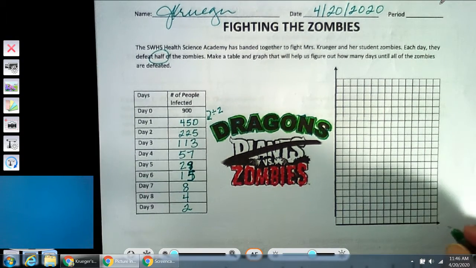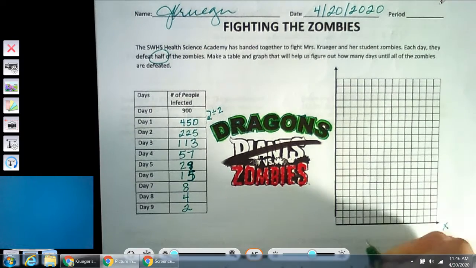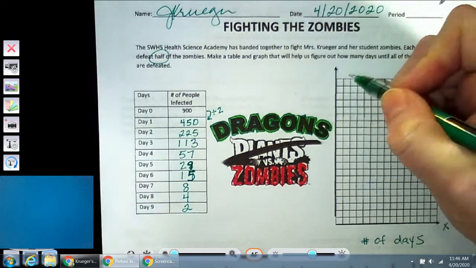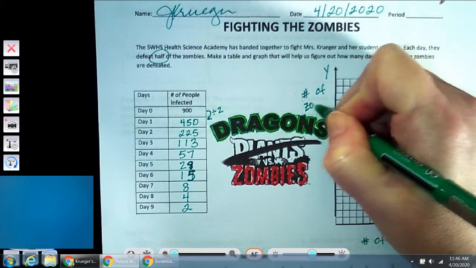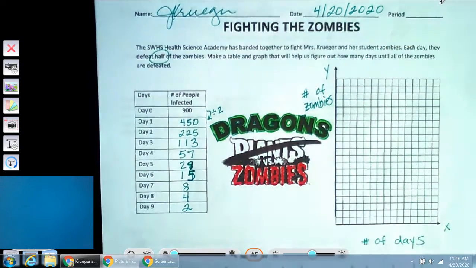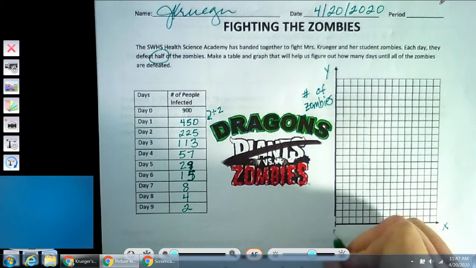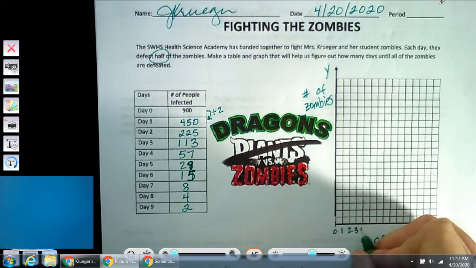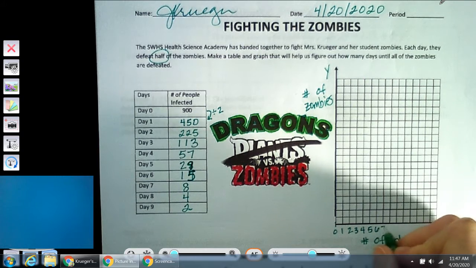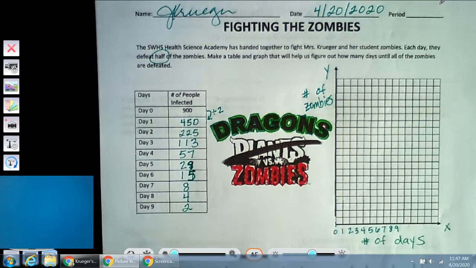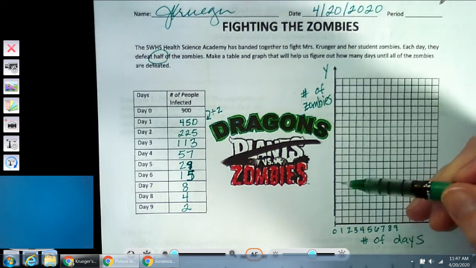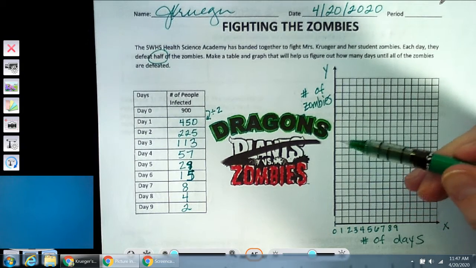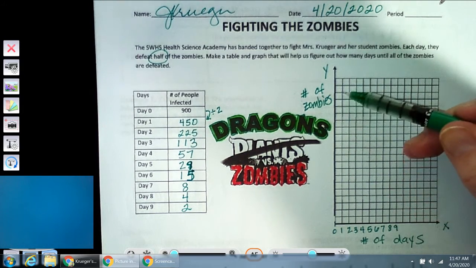So again, here's my coordinate plane. My x-axis is going to represent the number of days. My y-axis is going to represent the number of zombies. So I'm still going to go by ones here, 0, 1, 2, and so on. To show all of my data, I need to get up to 900. So 2, 3, 4, 5, 6, 7, 8, 9, 10.